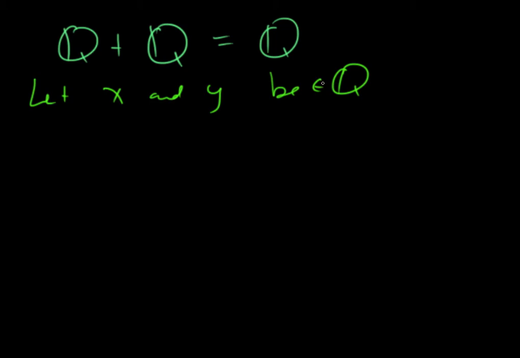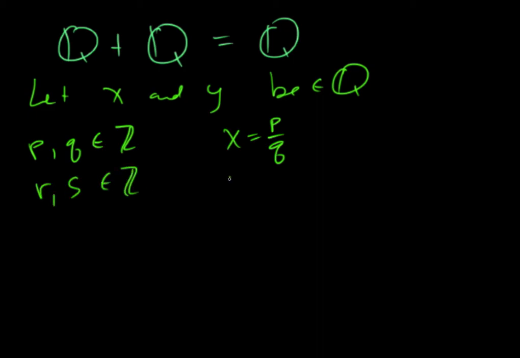And so by definition there should be a p and q, what am I trying to say? p and q contained in the integers that should make this true. And then we can also do an r and an s contained in the integers that will make this true.